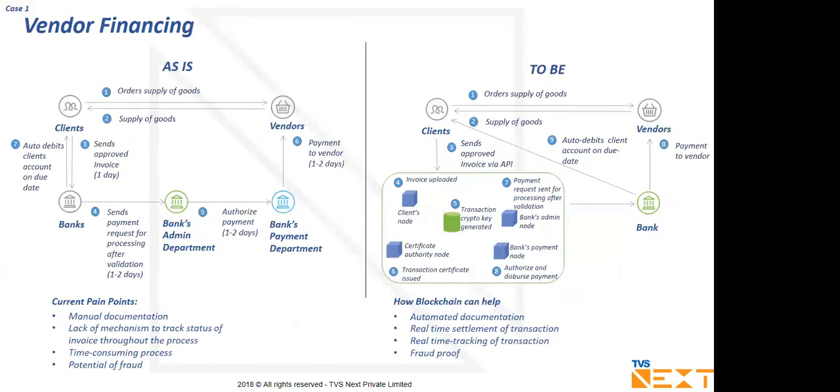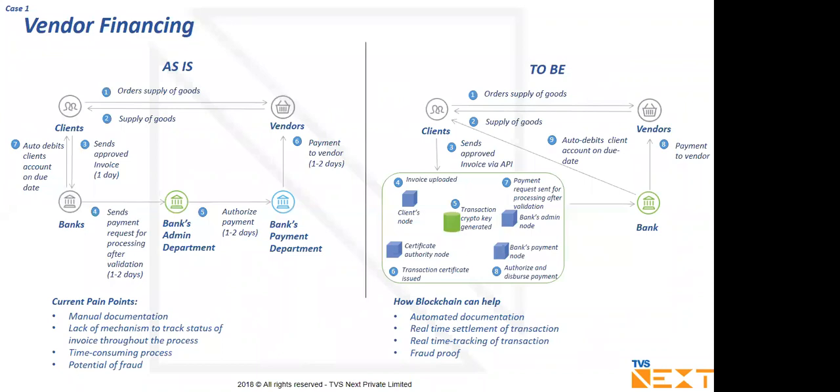One such use case we can talk about is vendor financing, where I'll quickly explain the as-is process and what could be done using blockchain. Just imagine a typical vendor financing setup where there's a client and a vendor. The client orders a supply of goods, and the vendor supplies the goods.